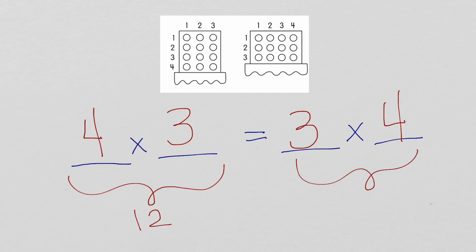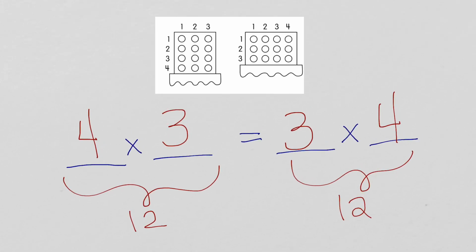Let's find the product of the second one. 4, 8, 12. Well, 12 definitely equals 12. Oh, I'm trying to shrink it down, but it won't let me do it. So we could put a 12 over here if we wanted to. So they call these related facts when they have the same factors, but they're kind of flip-flopped.